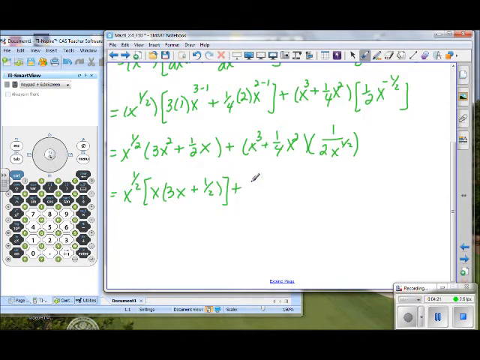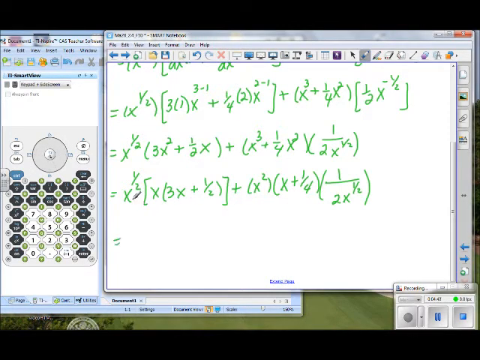And we can factor out an x squared from this portion of it, and we would have x plus 1/4. And when we multiply then, the other portion we'd have times 1 divided by 2x to the 1/2 power. Not a lot more we can do with that. I don't see any common factors.